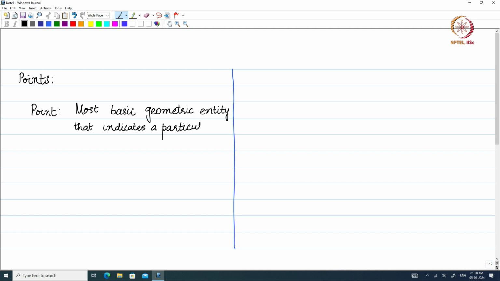So it is basically, as I said, a location, and this location can change depending on the choice of the coordinate system.